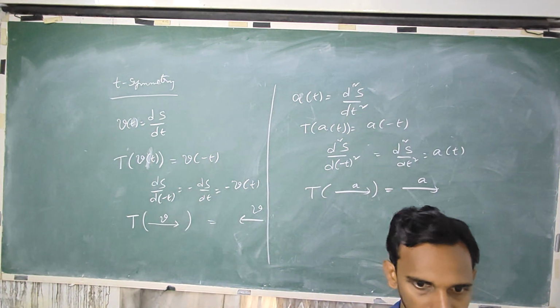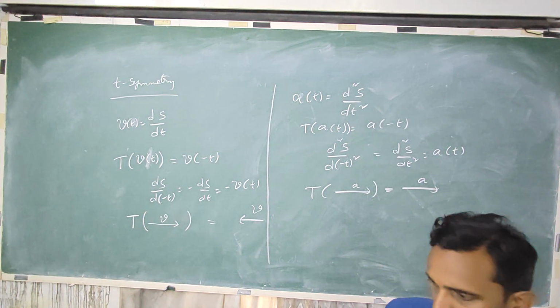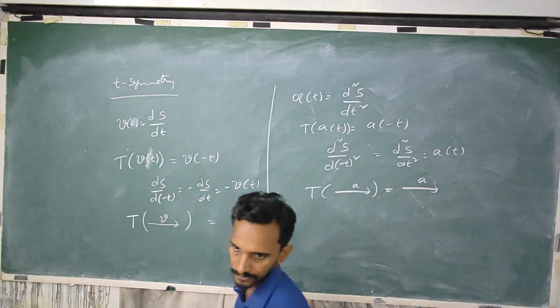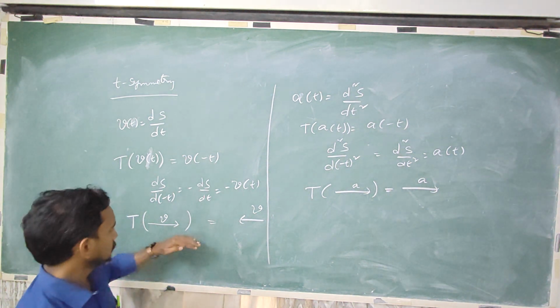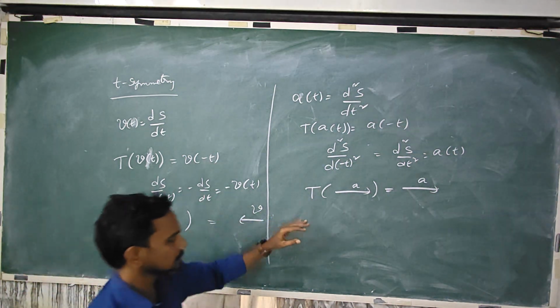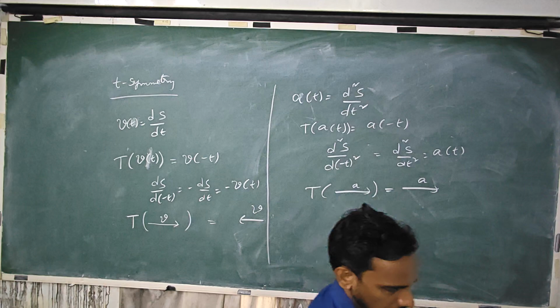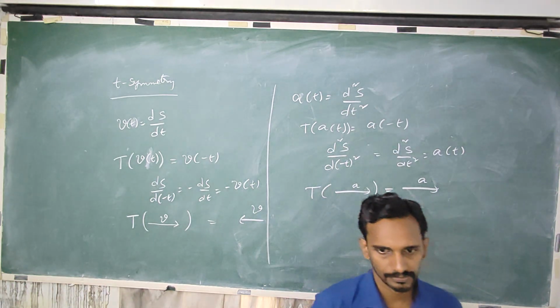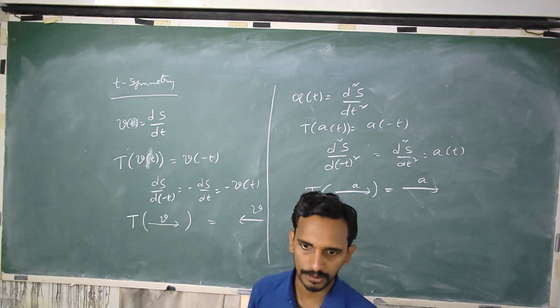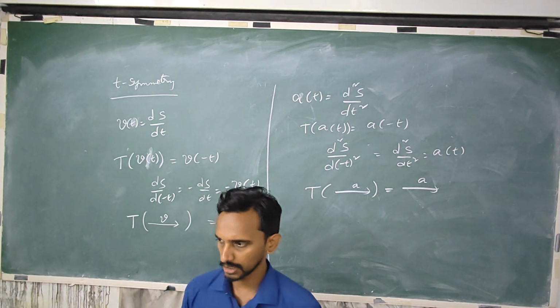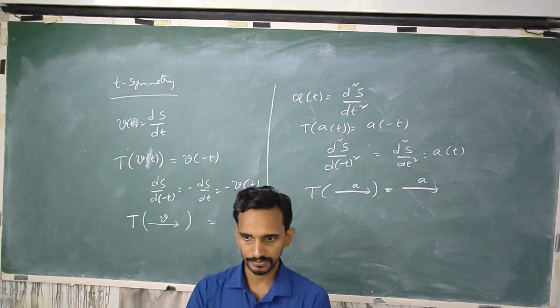Yes, jerk's sign will change because it is a third order derivative. So like that you have to see various physical quantities, how they behave upon time reversal. So these are the two tests for confirmation of conservation of those vectors.